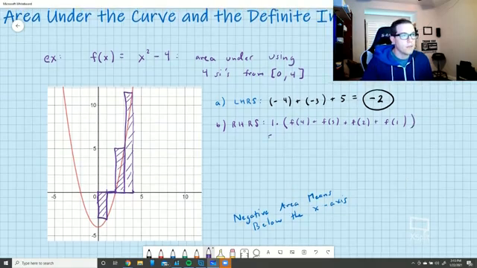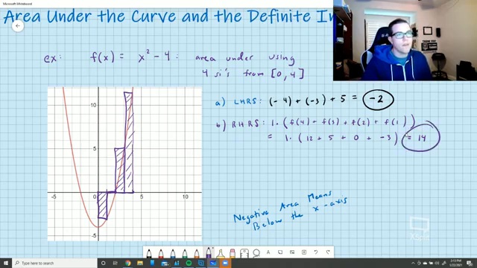And that gives me 1 times f of 4, which is 16 minus 4 is 12, f of 3 is 5, f of 2, we already found, is 0, f of 1, we found earlier, is -3. 17 minus 3 is 14. So a pretty big difference because, well, we're including this big positive area rather than an extra negative area. But that's why we have these different approximation strategies.